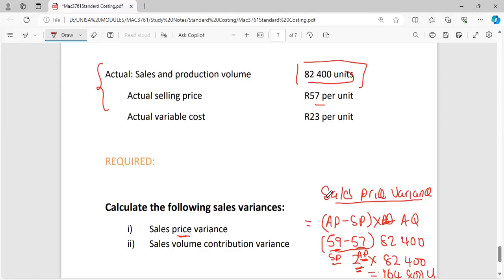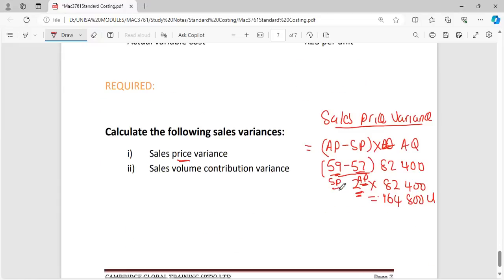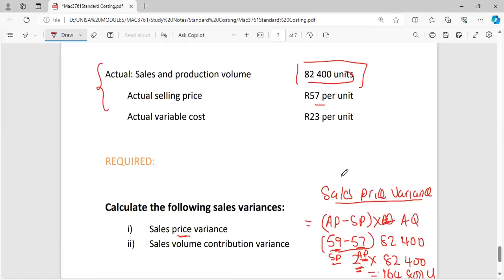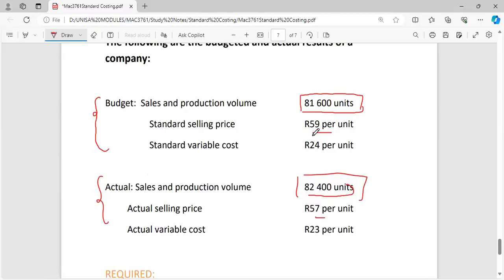Yes, I don't understand there. You said our formula is actual price minus standard price, right? Standard, yes. So our actual is 59? No, 59 is our standard price. It's me who made a mistake. I wrote them in the wrong space. So 57 is the actual price. That's why it's unfavorable.